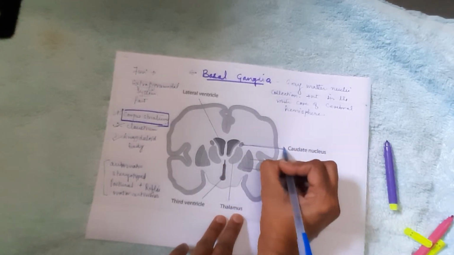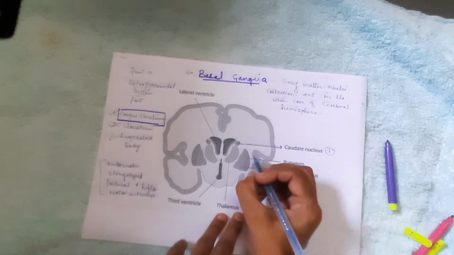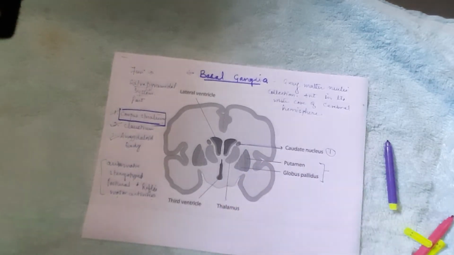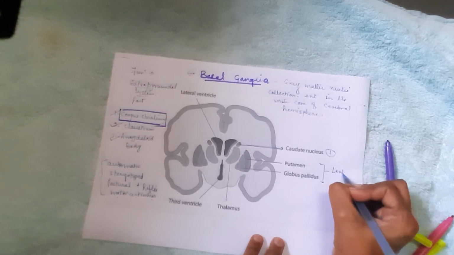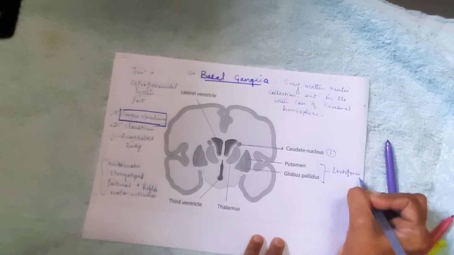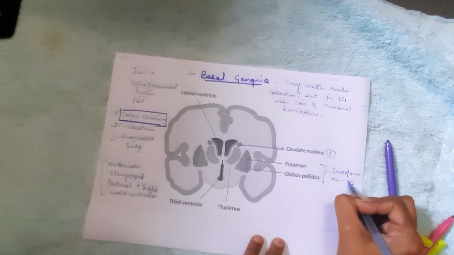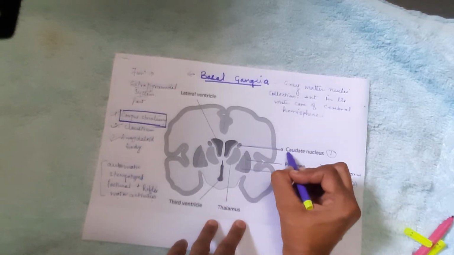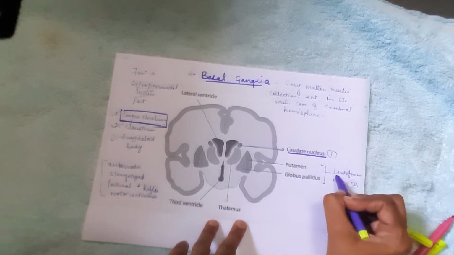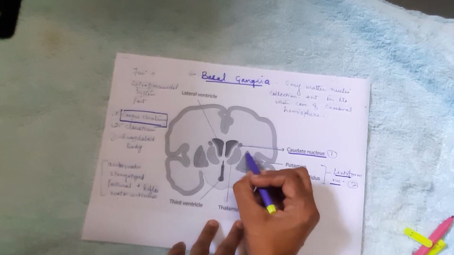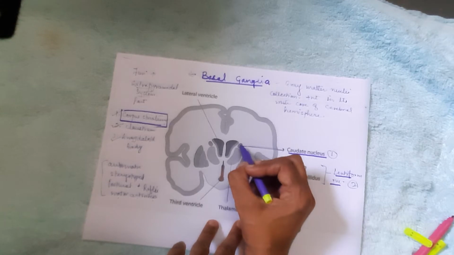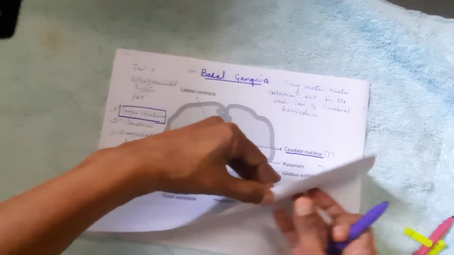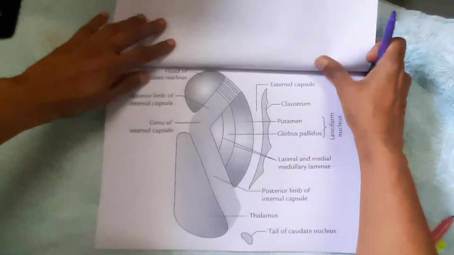One is the caudate nucleus and the other, this complete mass, is the lentiform nucleus. This is the lentiform nucleus and this is the caudate nucleus. You can see this also in this figure.